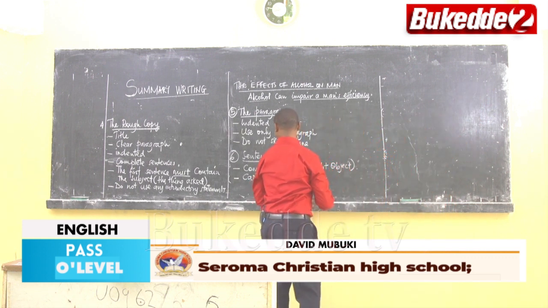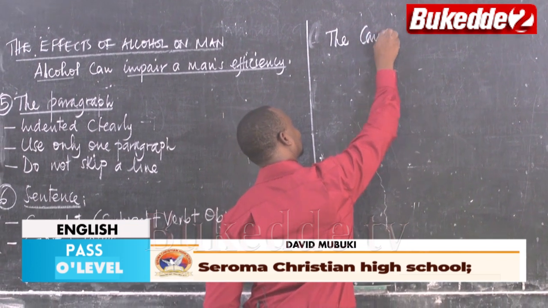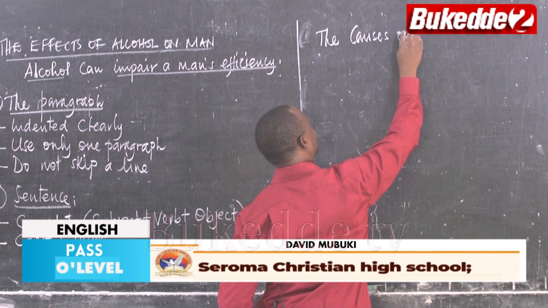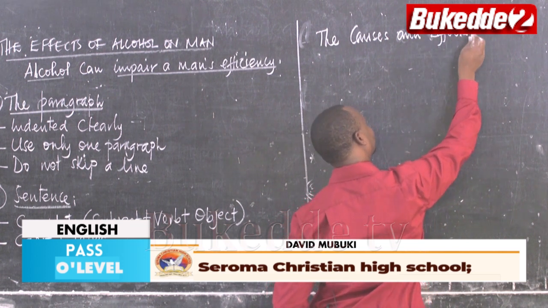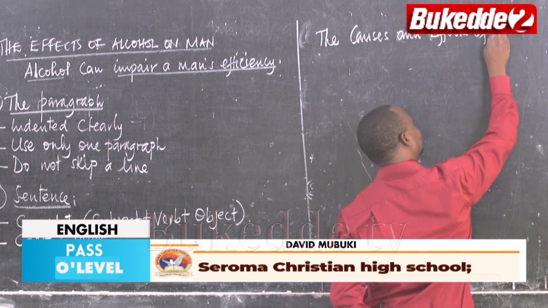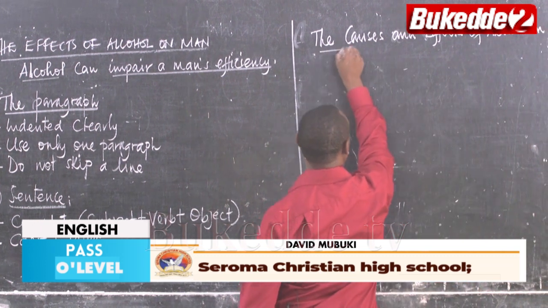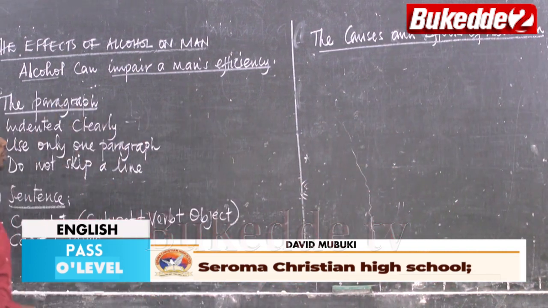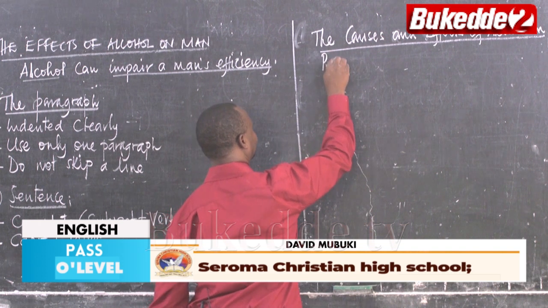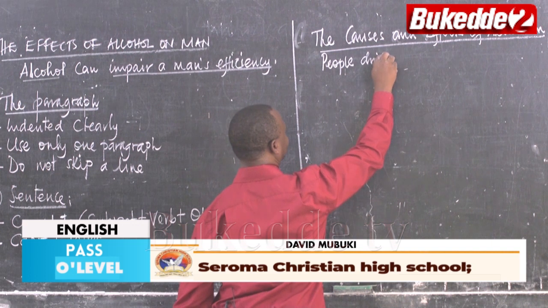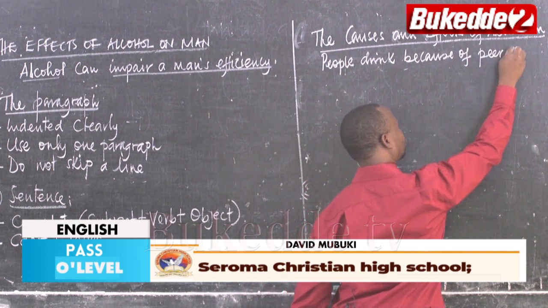So we will say the causes and effects of alcoholism, and then let's imagine some of them are, we'll begin, people drink because of peer pressure.